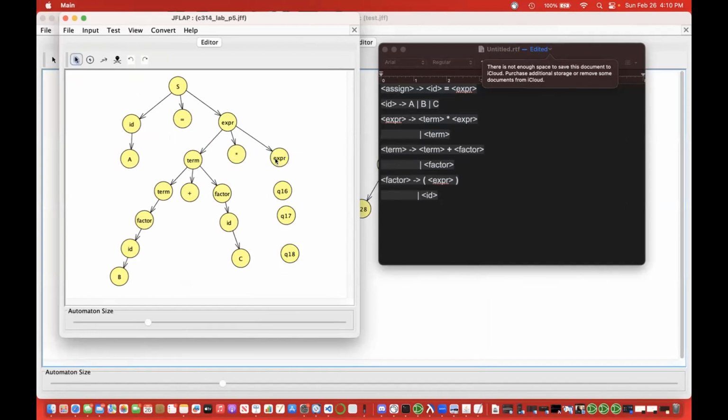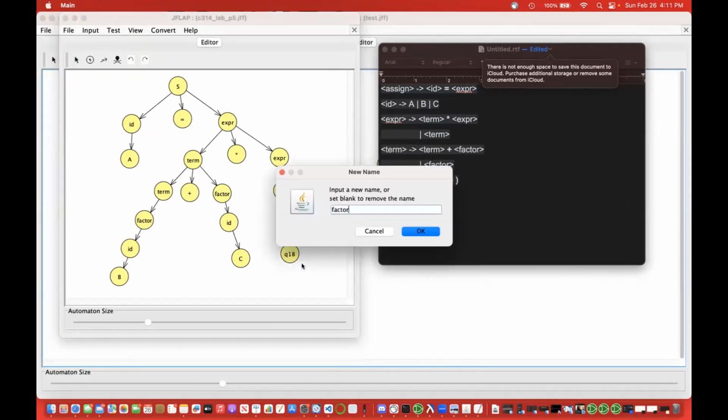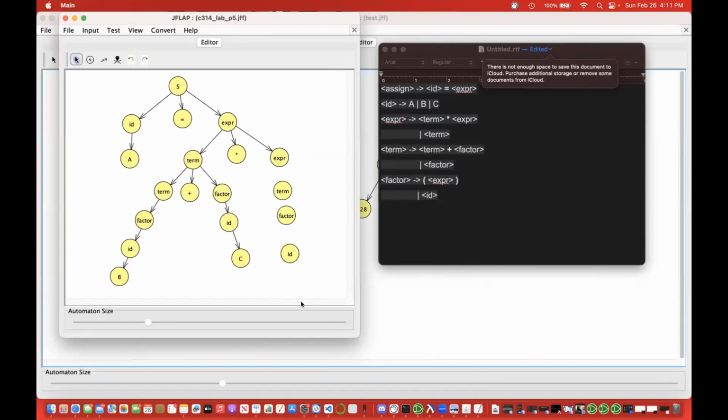Okay, expression points to term, points to factor, points to ID, points to A. Let's go. Awesome. Okay, so A equals B times, oh, never mind. A equals B plus C times A. That didn't even read right, but it works. All right. Cool.